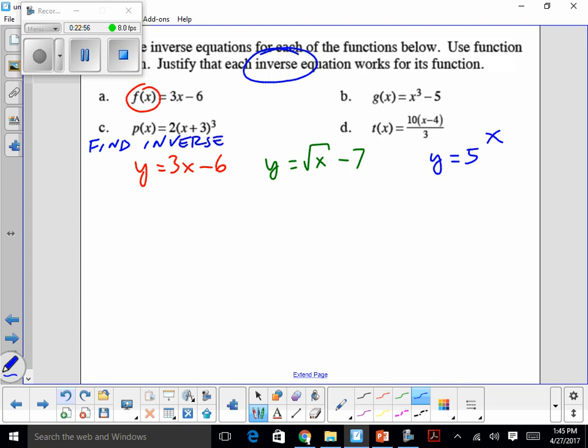Oh, there's space at the very top. If you wrote at the very top, find inverse. The instructions, the tool, the memory technique is to switch and solve. Switch and solve.